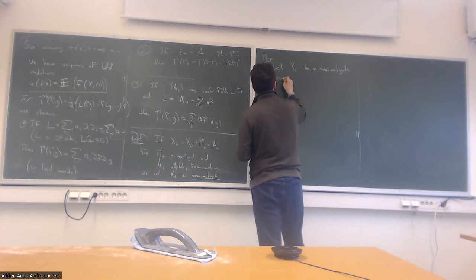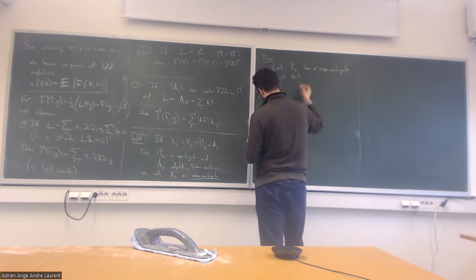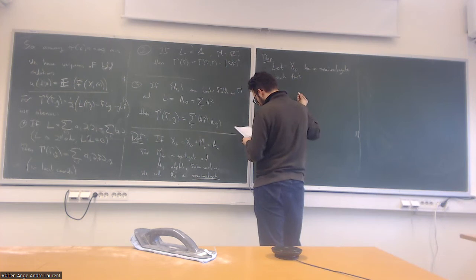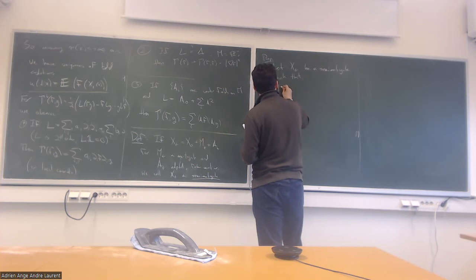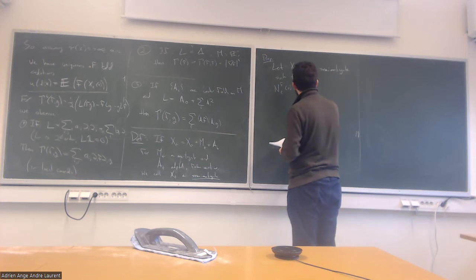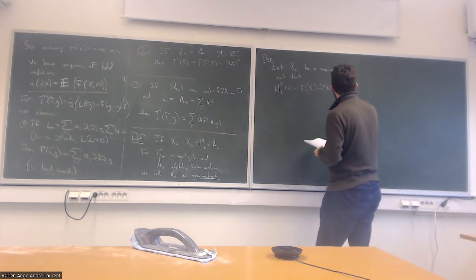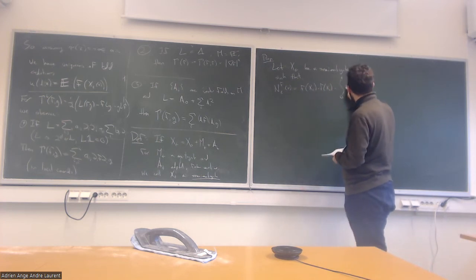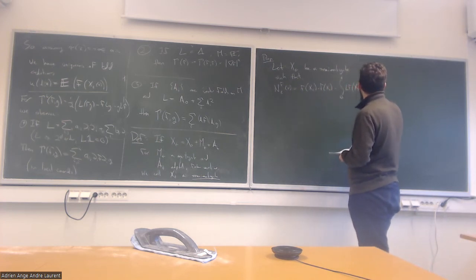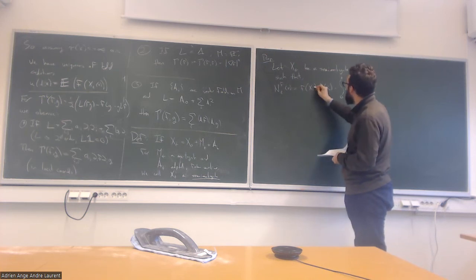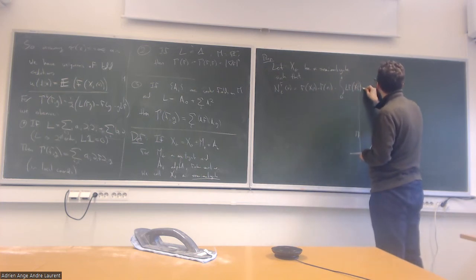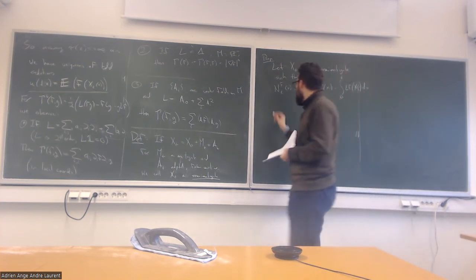such that it's effectively an L diffusion. So such that f(X_t), which we define essentially in the usual way, minus f(X_0) minus the integral from 0 to t of Lf(X_s) ds, is a local martingale.